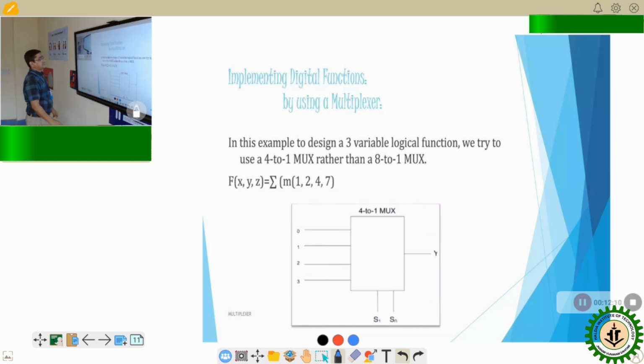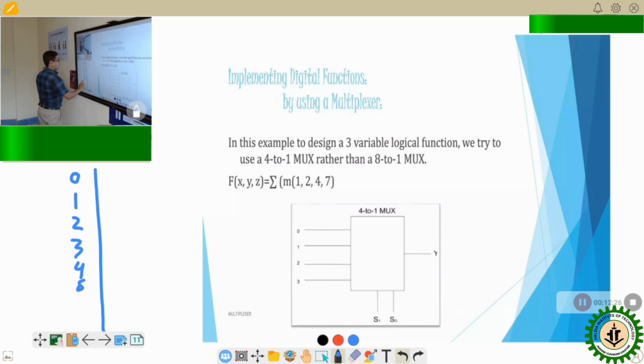Suppose the function value is 1, 2, 4, 7. So 1, 2, 4, 7 is the function value. We just write here 0, 1, 2, 3, 4, 5, 6, and 7.